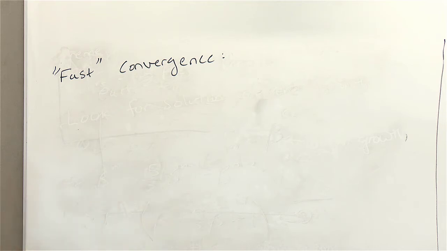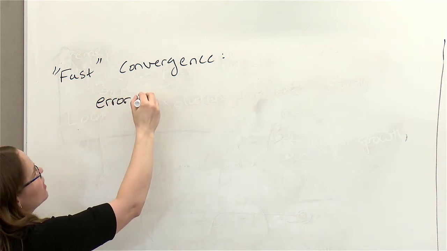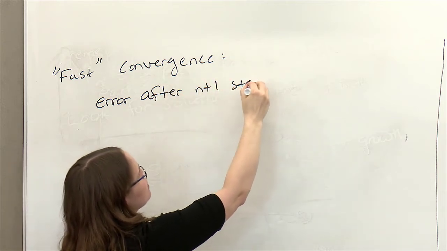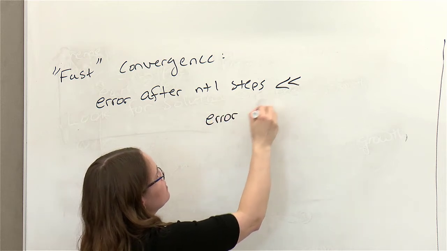I take an iteration, and my error went down quite a bit. That's what I would like. Every time I do an iteration, my error goes down not just a teeny tiny little bit, but hopefully quite a lot. So we're going to say we want the error after n plus 1 steps to be much less than the error after n steps.